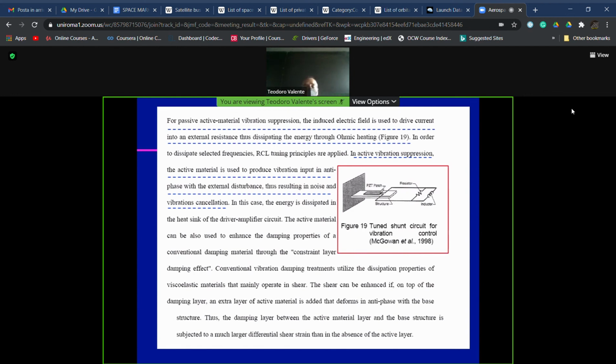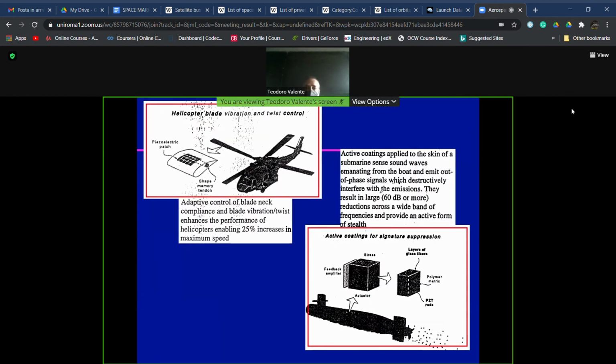And if you force the deformation of piezo materials in counter phase, phase opposition with respect to the vibration, you are essentially increasing the inertia moment of the whole structure, and so the amplitudes of the vibration are going to decrease with time. So you can have direct or indirect vibration suppression, or vibration control.